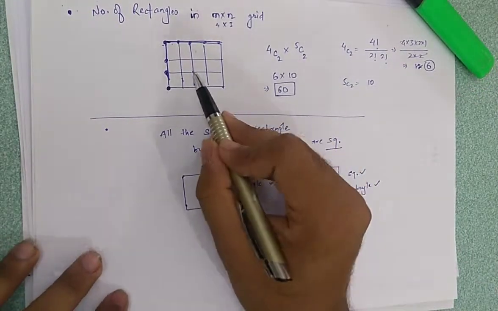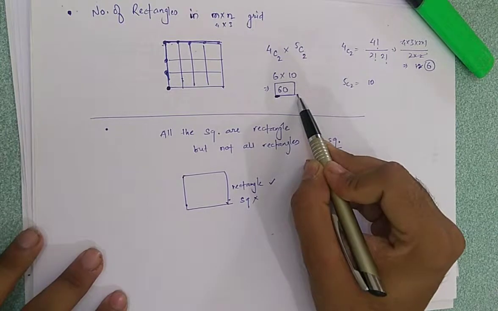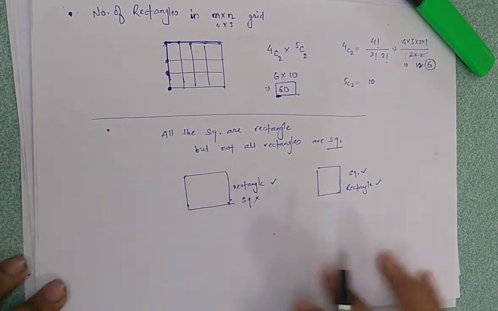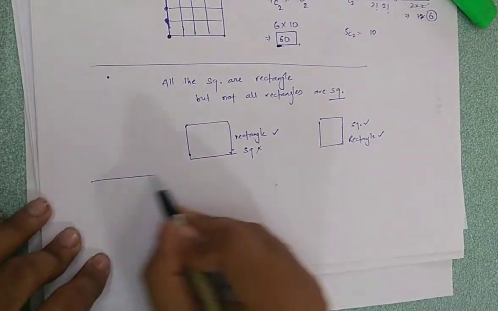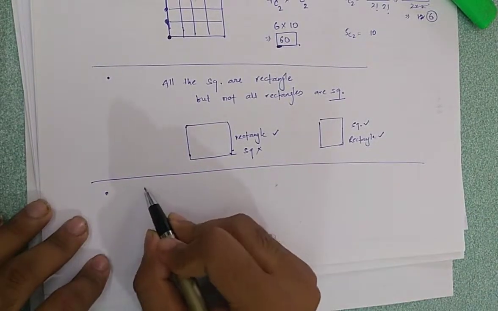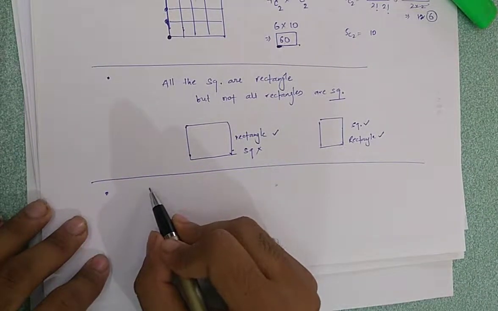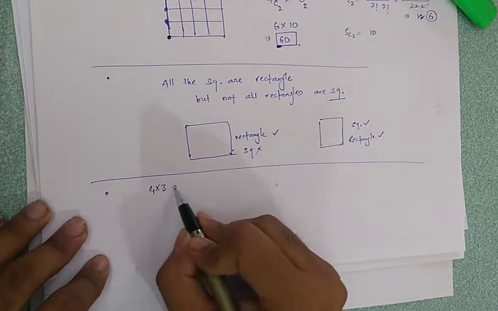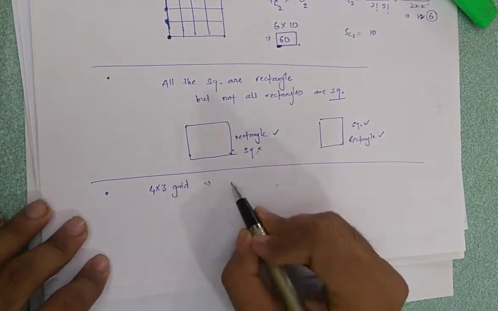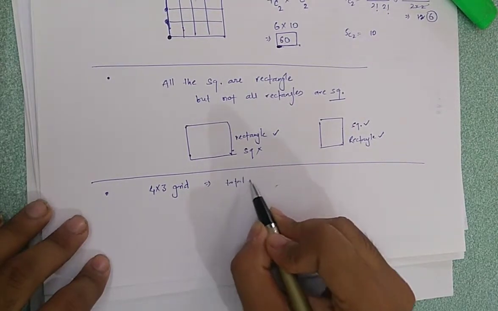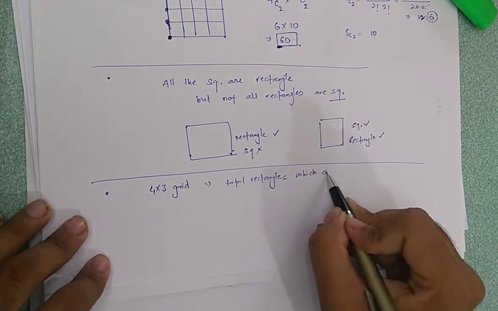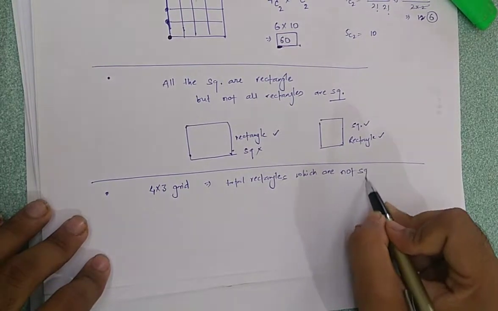So in this type of grids, we have calculated the number of rectangles in it. But let us say we have a different question, a question like this. We are given a grid of, let's say, 4 into 3, and we have to find the total rectangles which are not squares.